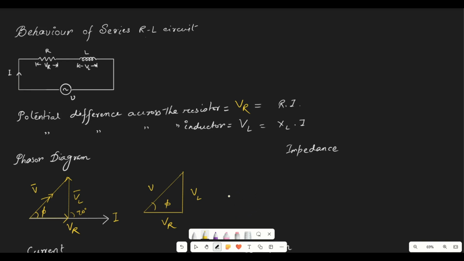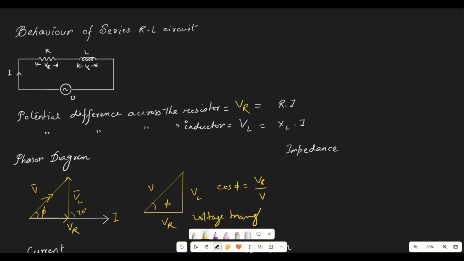So this represents the voltage triangle. From this, cos phi, which is the power factor, is nothing but VR divided by V. So this is the phasor diagram and the corresponding voltage triangle for the RL circuit.